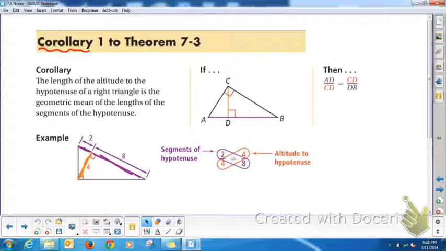So, just like we did a few minutes ago, you could separate these triangles into smaller triangles. I have this small one here that has a side of 4 and a leg of 2. I don't know what the hypotenuse is. And then I have this larger right triangle.